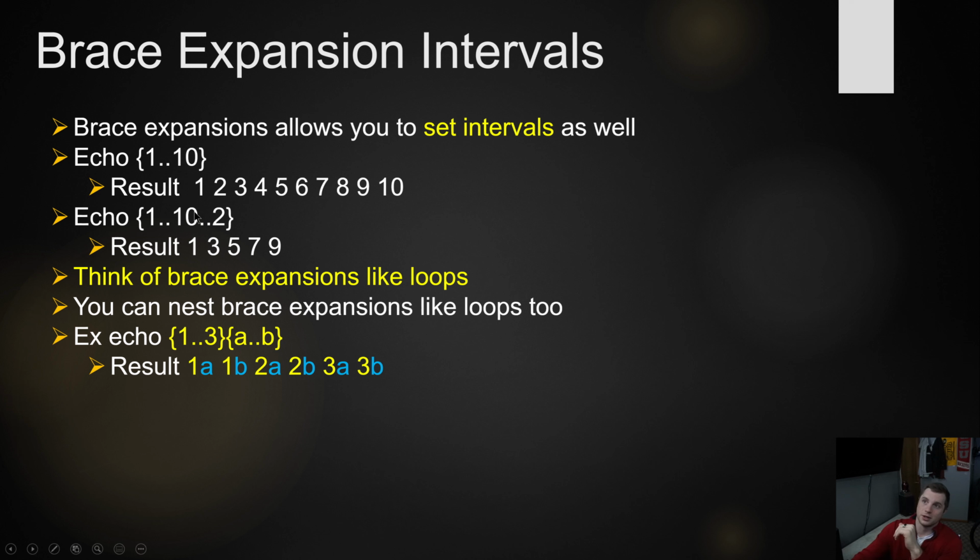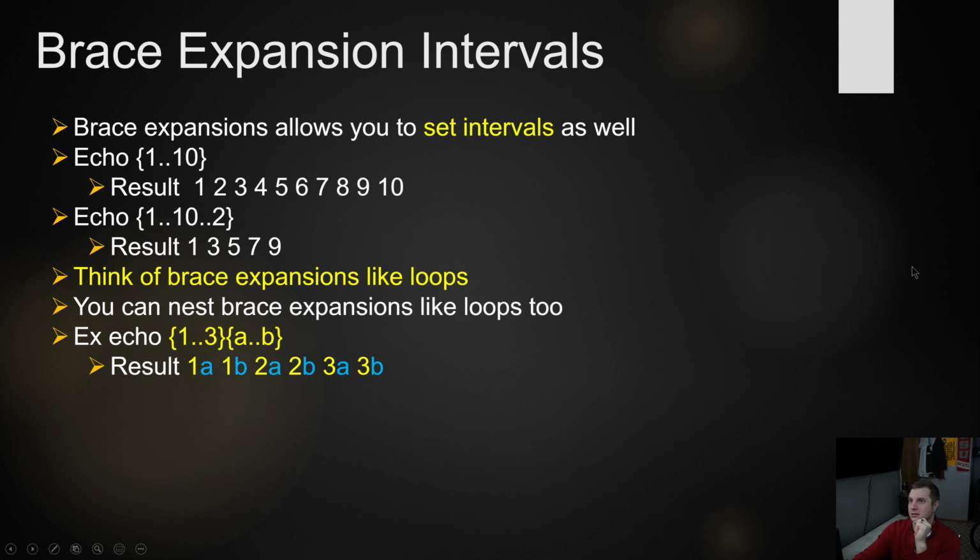We're talking about this right here. So 1 through 10, every second number. So starting at 1, 1 plus 2 equals 3, plus 2 equals 5, plus 2 equals 7. Okay. So if you wanted even numbers here, you'd have to start at either 0 or 2. Okay, so this is an inclusive statement.